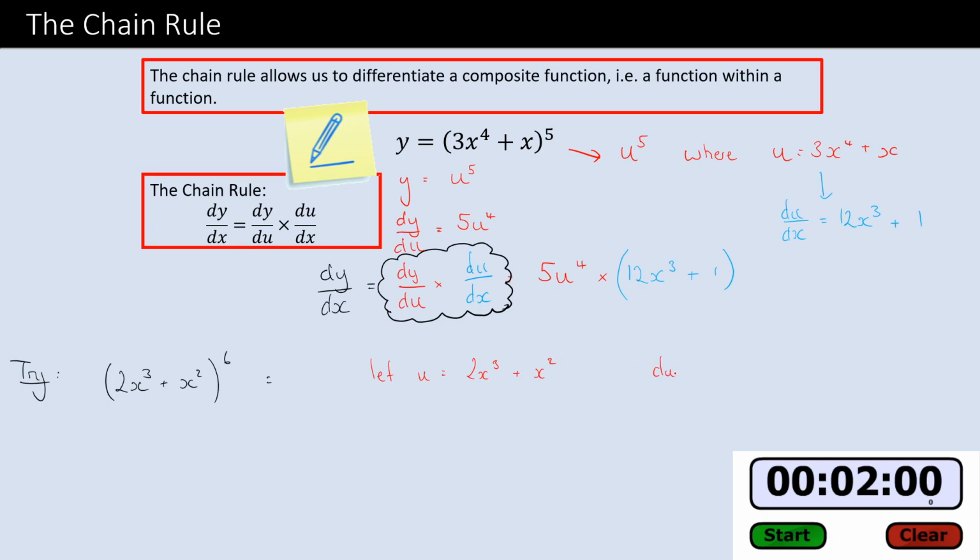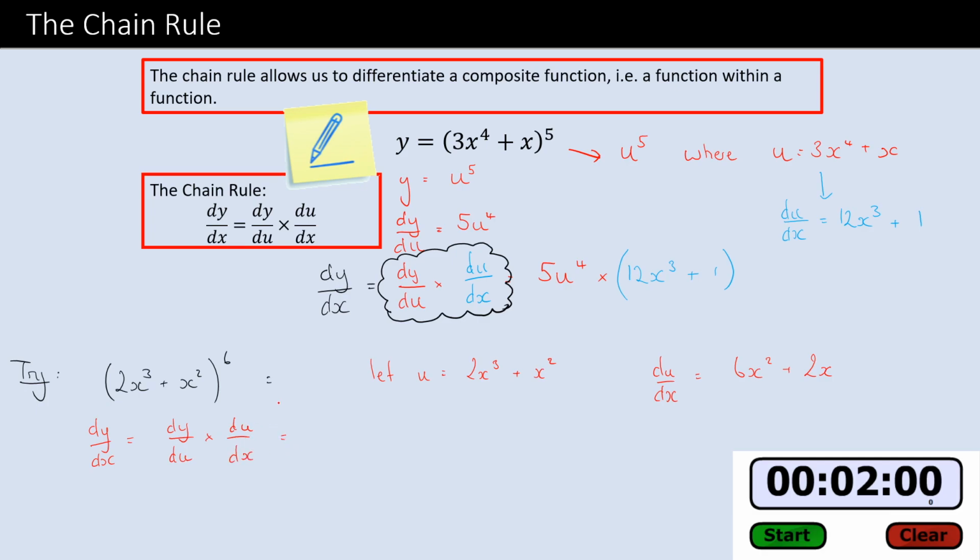So then du by dx is going to be 6x squared plus 2x. Okay. And so then we're going to have dy by dx is equal to dy by du times du by dx.